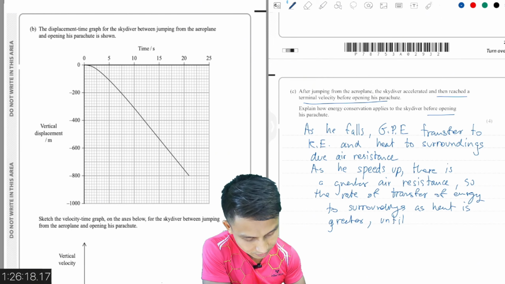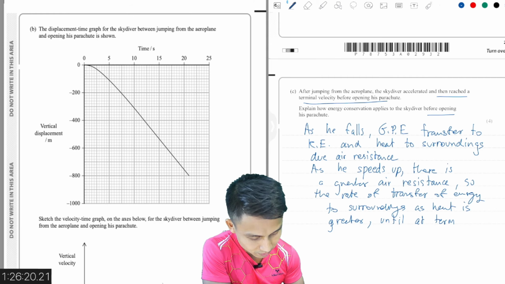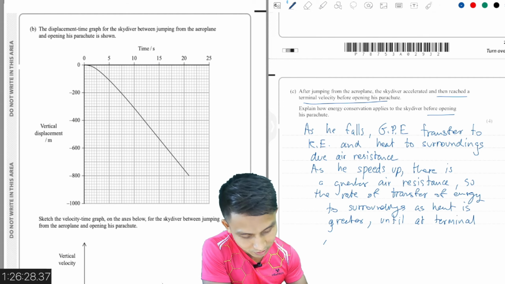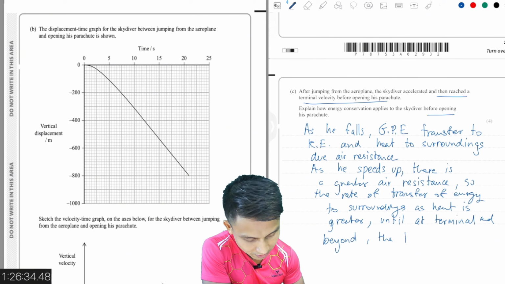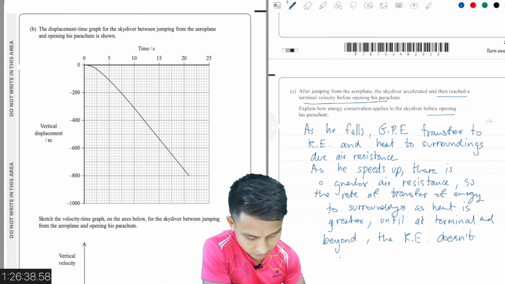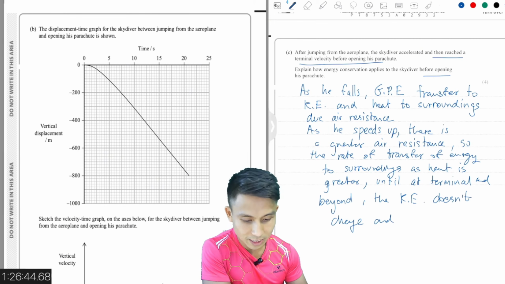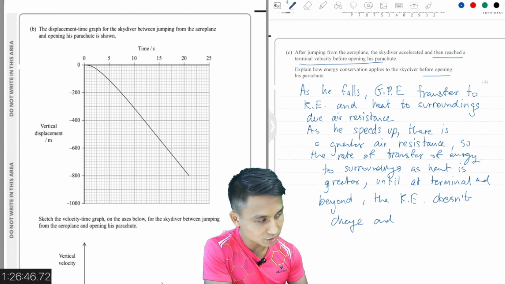Until terminal, which is at the point of opening the parachute, there is terminal and beyond. Well, we're just going to say beyond, the KE doesn't change, because it's at a constant speed.